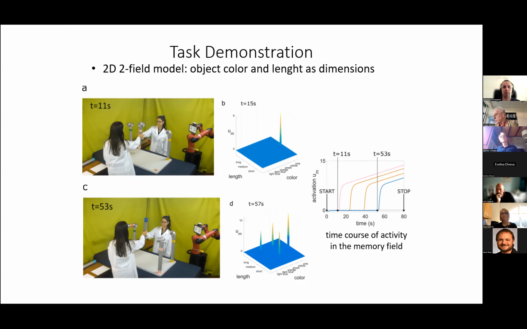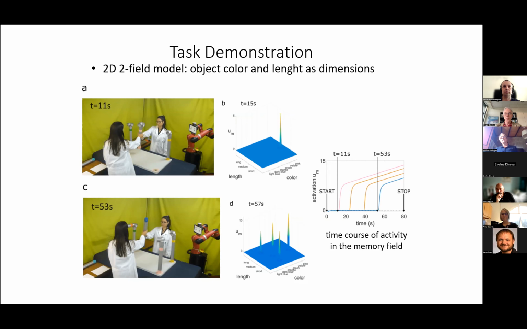During the handing over, a representation emerges in the memory, a bump representing this object at this time. After successful completion of all handing overs, you have this multi-bump pattern, each peak with a different amplitude, where the amplitude strength reflects the order. The highest is the first, then the second, third, and fourth.